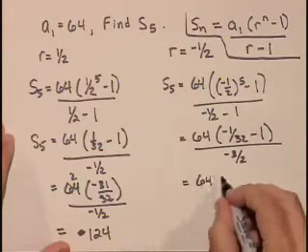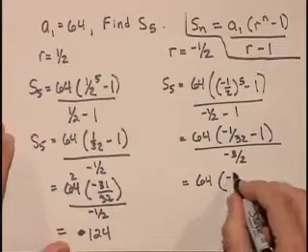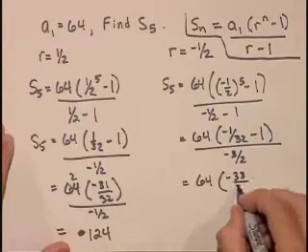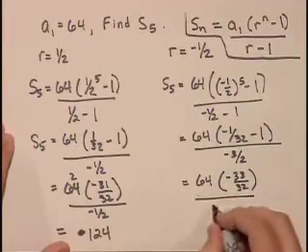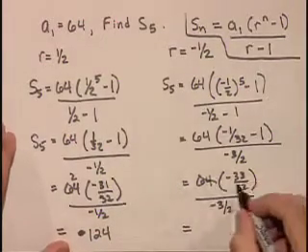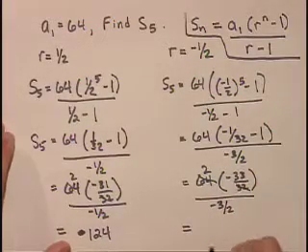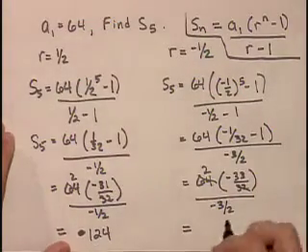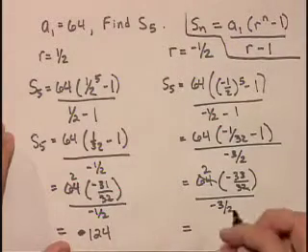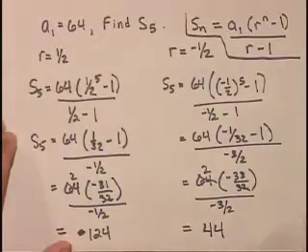So we have 64 times negative 1/32 minus 1, which is negative 33/32, divided by negative 3/2. Again, we can use the same trick. 2 times negative 33 is negative 66. Divided by negative 3/2 is going to be multiplying by negative 2/3, and that's going to give us positive 44.